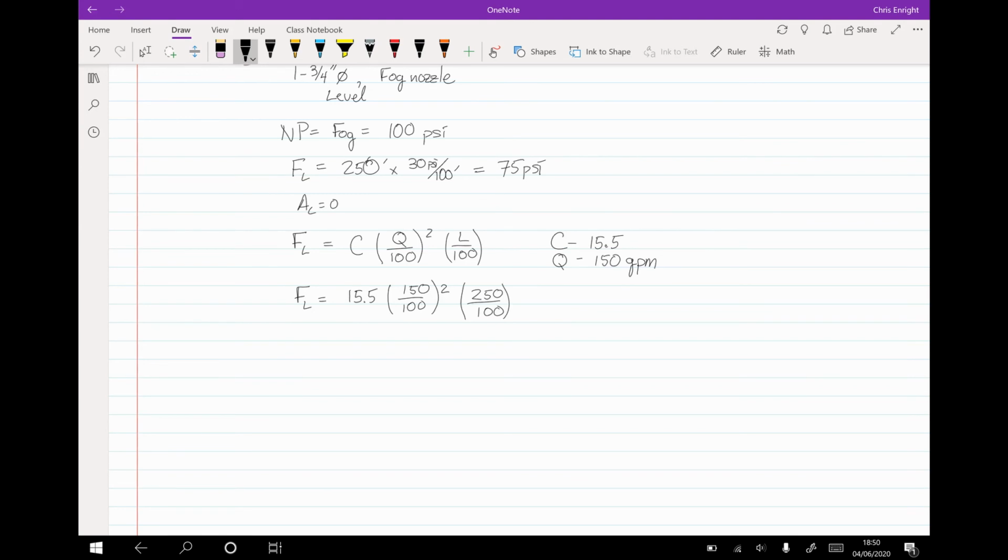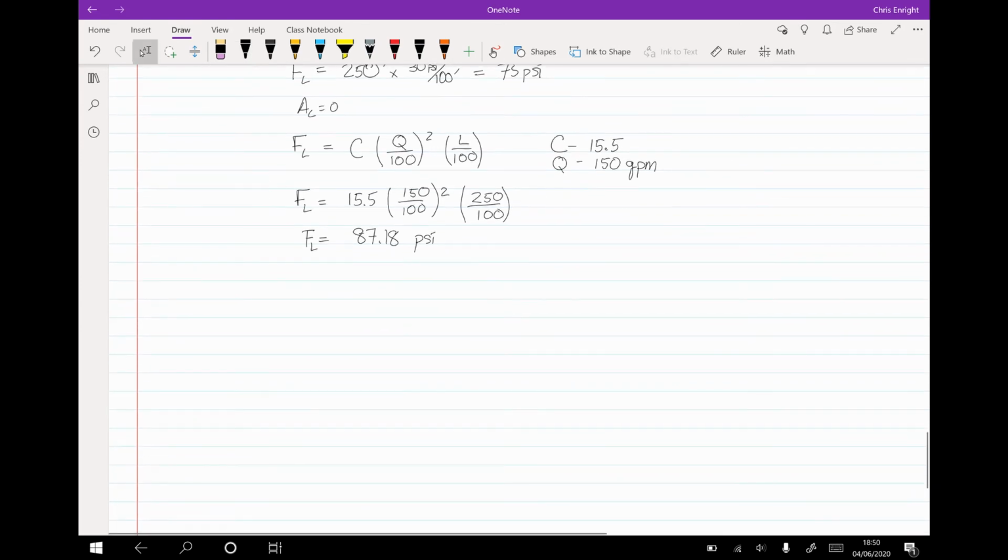So friction loss with the stricter method is going to be equal to 87.18 psi. Okay, so it's relatively close. 87, 75. If you're having trouble with the nozzle, turn it up. If you're not, it's fine. So 75 is a good working number, but 87, pretty close. These formulas are relatively comparable.